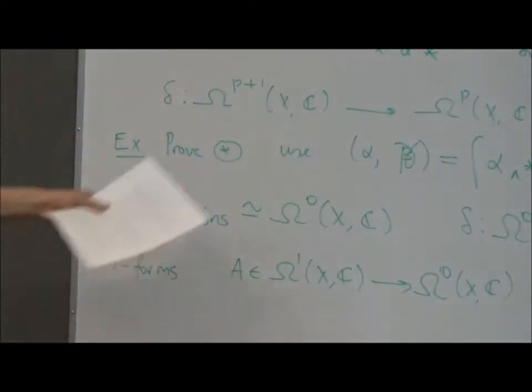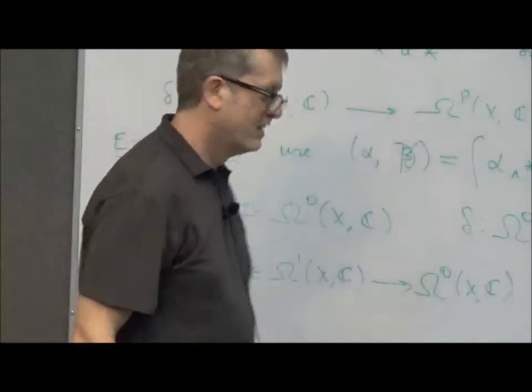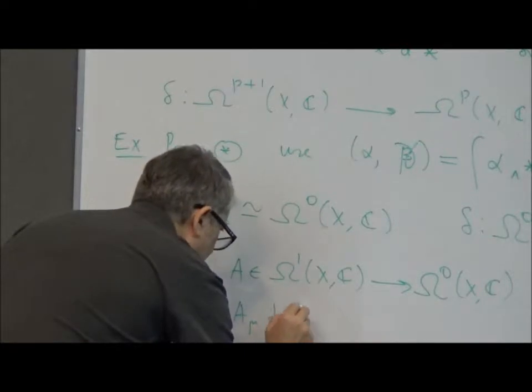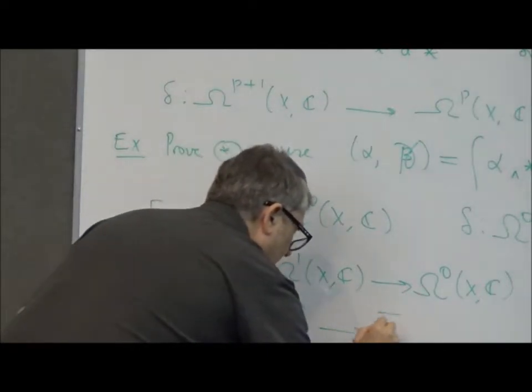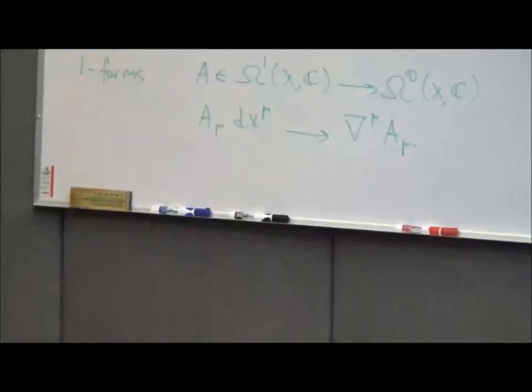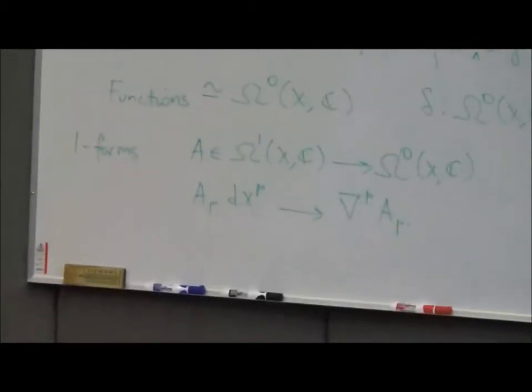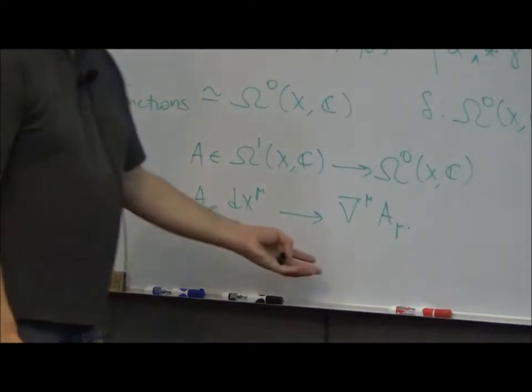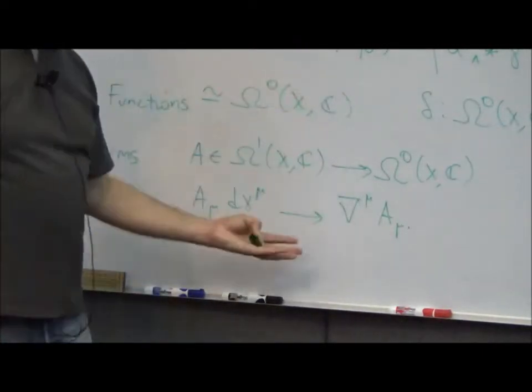It's also got the derivative operator in it. So A mu dx mu actually goes to the covariant derivative of A mu. It's the only way I've created a function. You could have guessed this just by covariance. If you work out the details, you'll find that this is true.